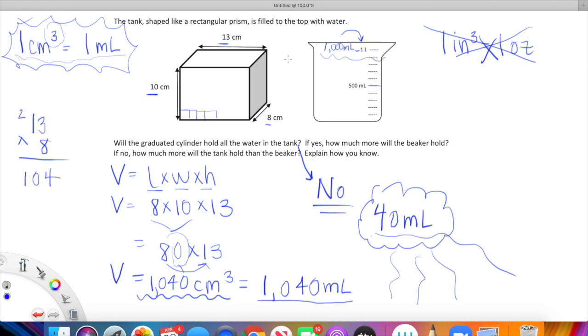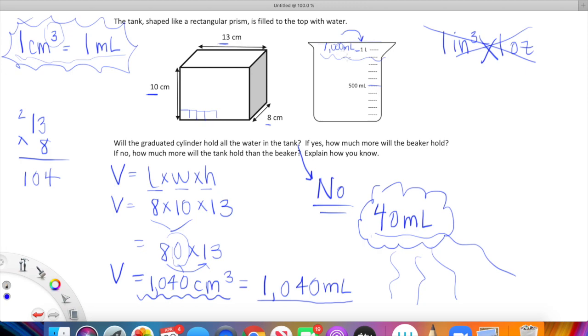So I just really hope that you can imagine this happening. Imagine somehow picking this up and pouring it into the graduated cylinder and seeing that this is going to hold a little bit more water than the beaker or the cylinder, so we are going to have a bit of a mess. So don't do it.